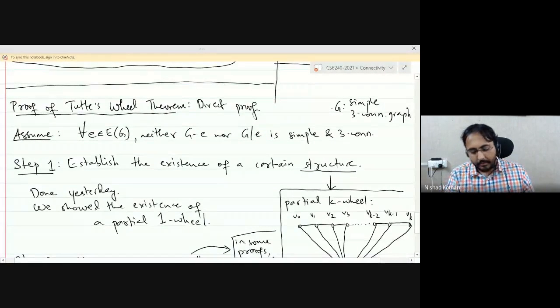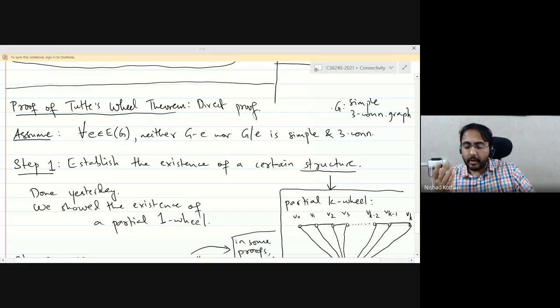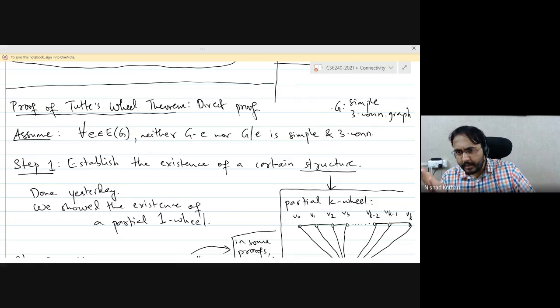Right. So what we are going to do is we are going to assume that we have a simple three connected graph with the property that every edge of the graph is a bad edge. So for each edge E, neither G delete E nor G contract E is simple and three connected, right? And what we need to now show is that our graph is a wheel.